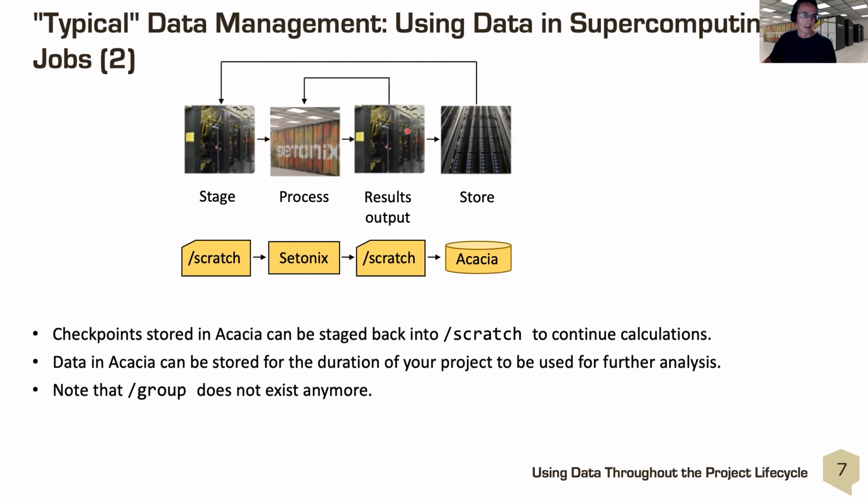And then you can have this shorter loop of the results again. It is basically the same process, with the additional consideration that once you have stored data in Acacia, you can stage it again and follow the process for your calculations again.